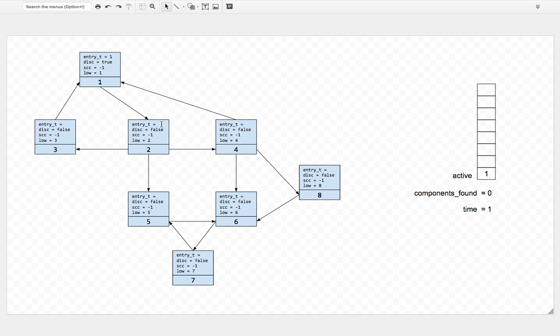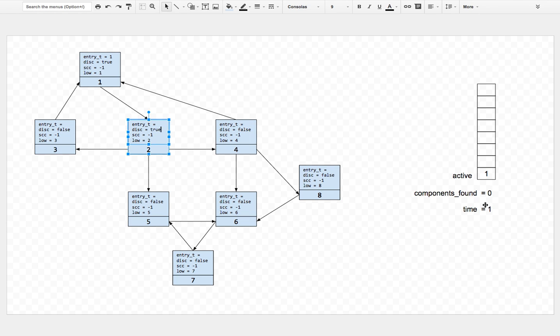Okay, so the next thing that happens once we get to the end of an edge to a previously undiscovered vertex, we are going to mark that vertex discovered. That is, we are going to mark discovered true.